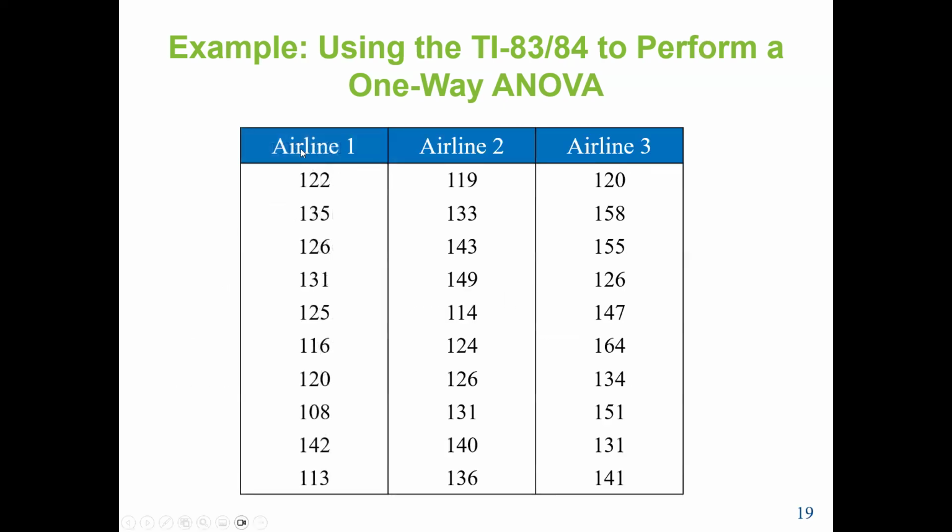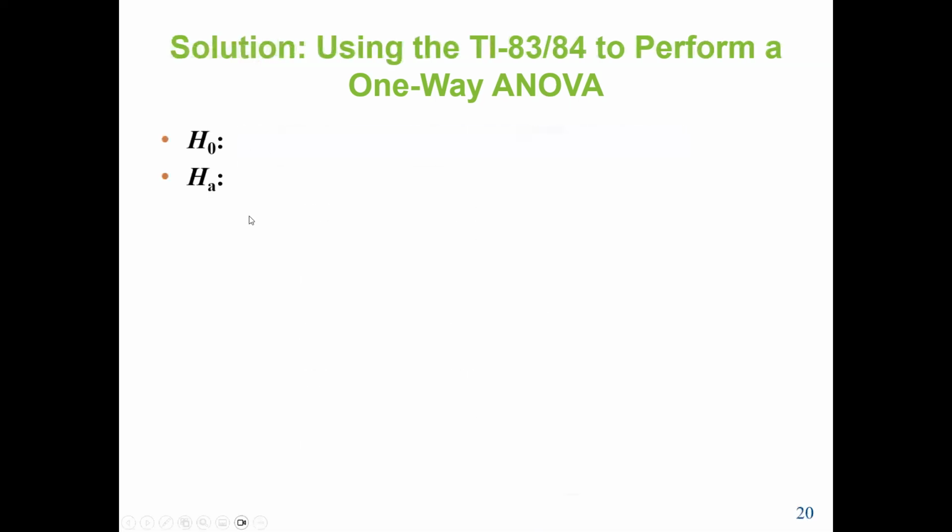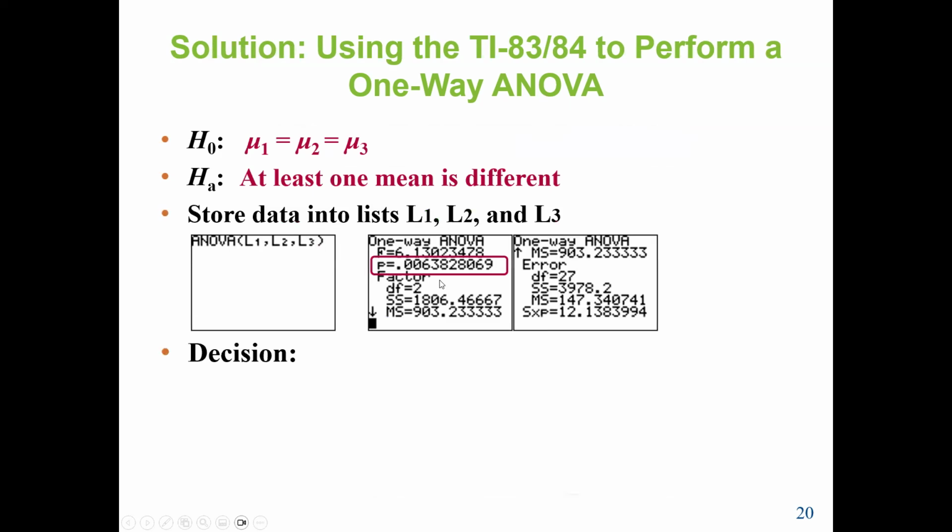So here we have all the data given to us for airline 1, airline 2, and airline 3. We state our H0 and HA. Always H0 is equality, mu1 equal to mu2 equal to mu3, and HA, at least one mean is different. First we can store the data in lists L1, L2, L3 using the TI-83/84.